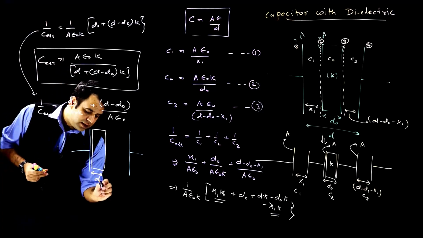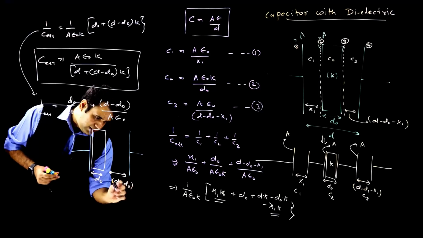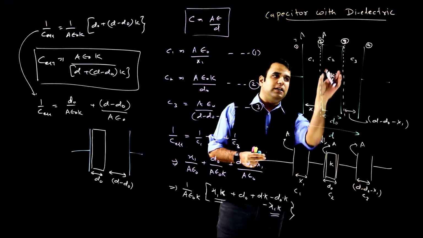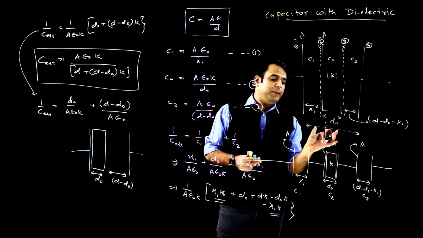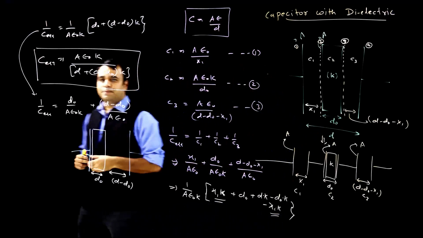So this will be D0 and the remaining distance will become D minus D0, because the total width is D and the width of the dielectric was D0. If I shift it to one end, the remaining side, which is air, will become D minus D0.